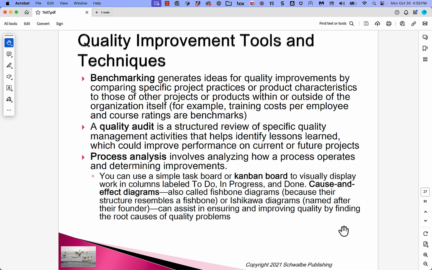A quality audit is a structured review of specific quality management activities that help identify lessons learned, which can improve performance on current or future projects. So, what have we learned from a quality point of view? And process analysis involves analyzing how a process operates and determining improvements.